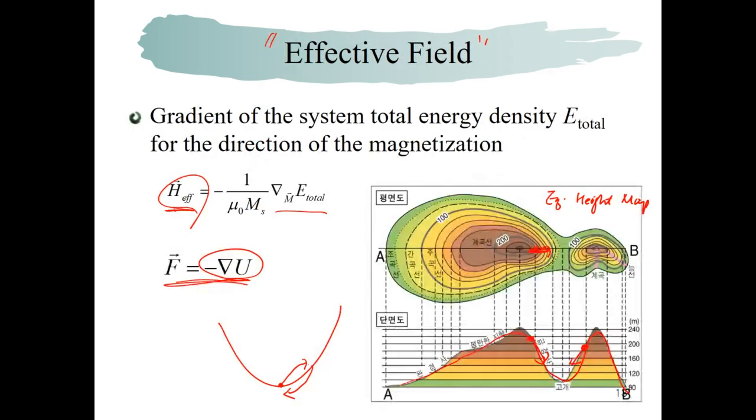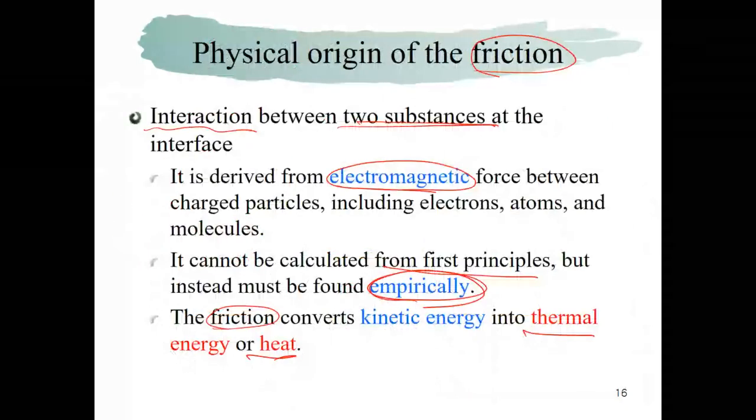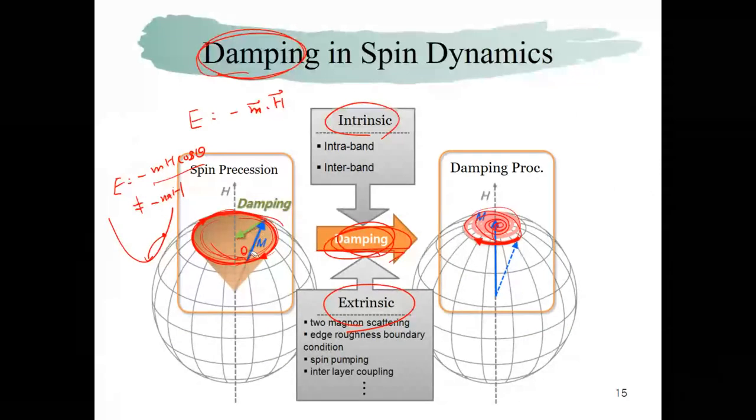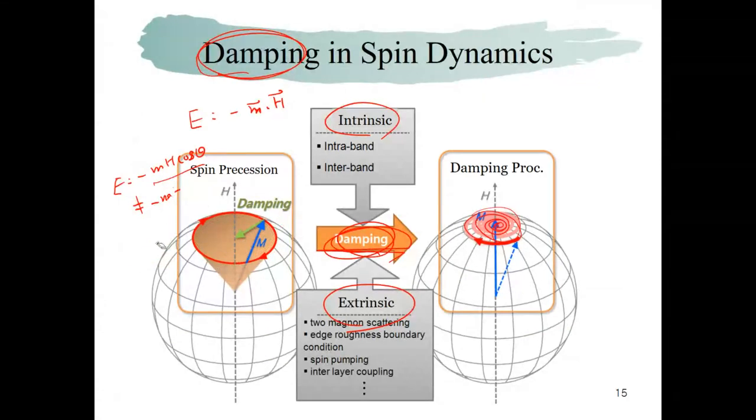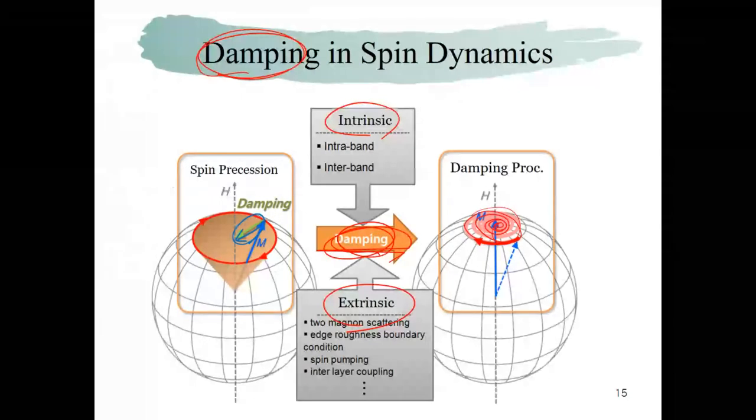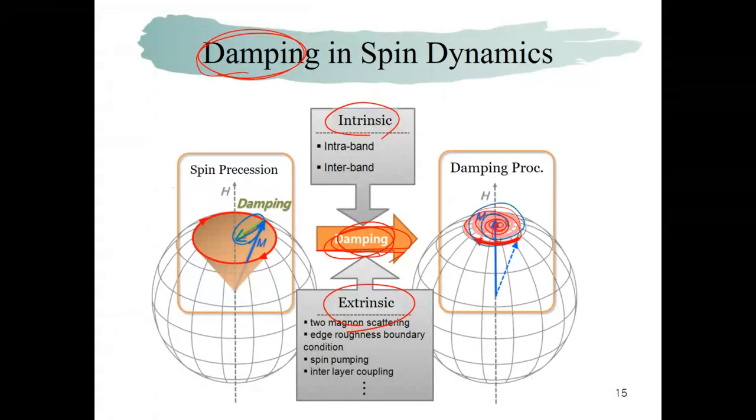The damping torque generates a direction toward the field direction. So that's why we finally have the magnetization aligned to the field direction by the damping.